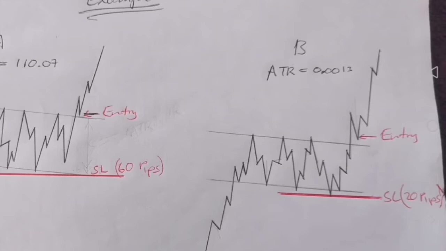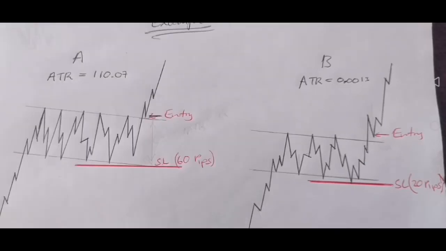It's because this pair is not volatile. It may not be clear if you look at it with a naked eye on the chart. It might seem the same, but if you compare the ATR of the different currency pairs, it gives you a clear idea of the volatility of the market.